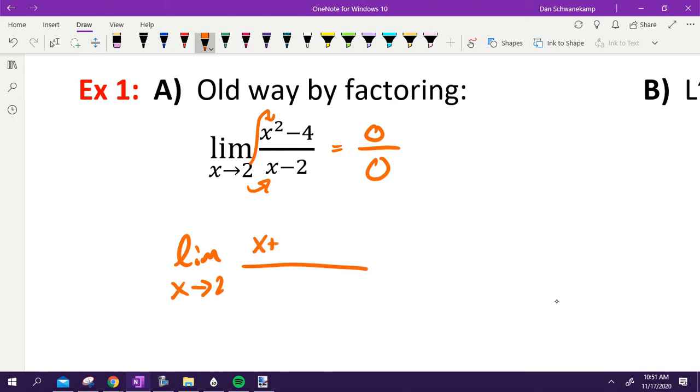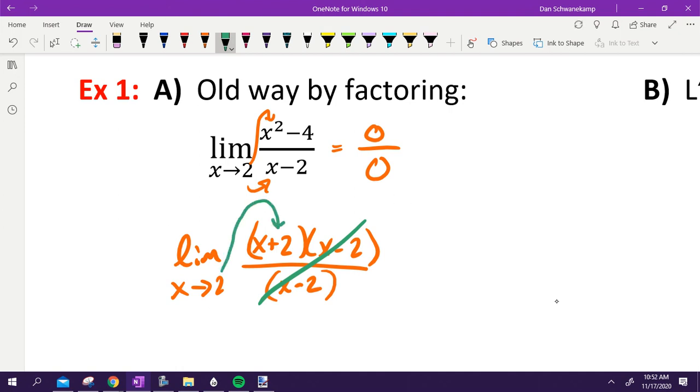We could factor the top, x plus 2 and x minus 2. The bottom, I already have x minus 2. What could I do? Cancel that out. I factored, I canceled, and now I need to plug it back in. Take 2, plug it in. What is the limit of this problem going to be? 4. Done. There's my answer.